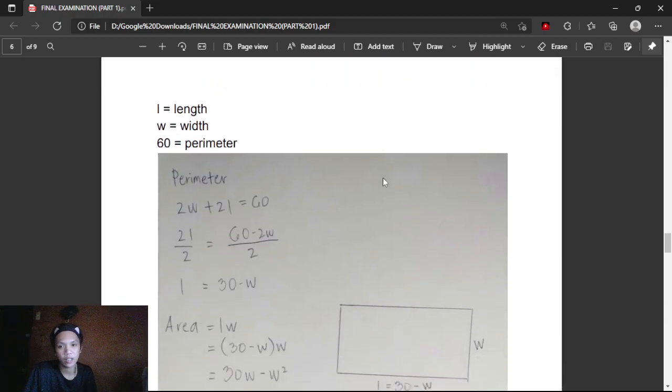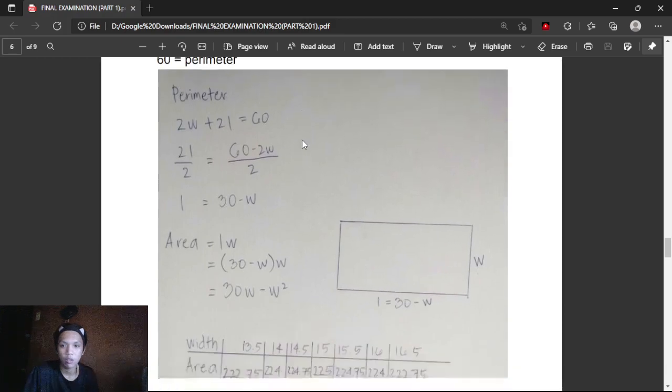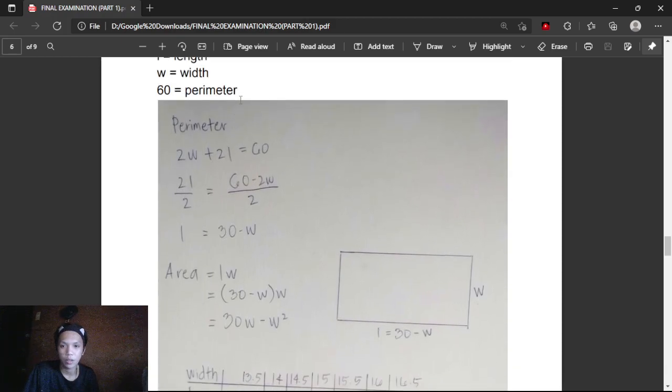So let's mention the given: let L equal length and W equal width because it is a rectangle, and the perimeter is equal to 60. So this is what I answered. For the perimeter, because the rectangle has 2 widths and 2 lengths, 2W plus 2L equals 60.